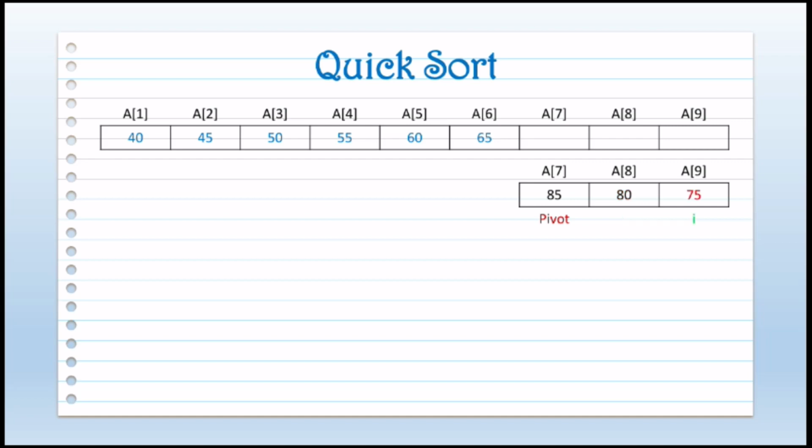So is 75 greater than 85? No, again the condition is false. So there are no elements further. So we will stop and we will exchange 85 with 75. So now we have got the position of 85 and it will be at the 9th position. So before 85 the elements are less than 85.